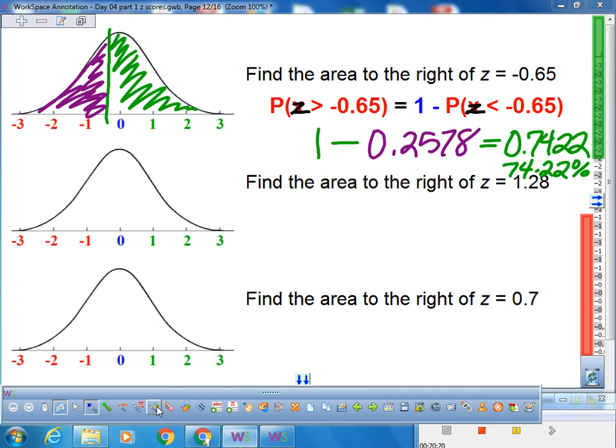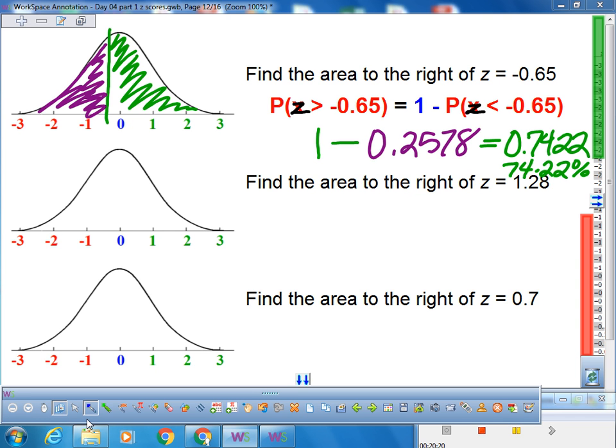Okay, so I want the area to the right of a z-score. What happened was I took my ACT score, subtracted the mean, and divided by the standard deviation, and I got a standard score that I can compare to any other score.